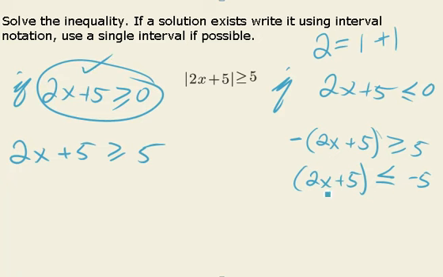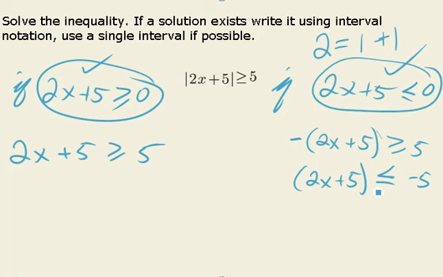Similarly, if we have 2x plus 5 less than or equal to -5, then 2x plus 5 is also certainly less than 0. After all, it's even smaller than that. It's less than -5. So this condition is going to get met for free as long as that's met. So we don't have 4 conditions that we're talking about. We really just have 2. This one or that one.